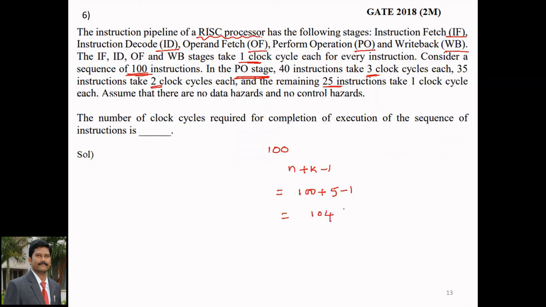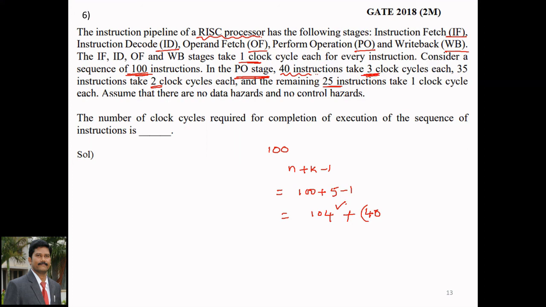But if you consider all the 5 stages taking 1 clock, then this is correct. But the PO stage will take some extra clock cycles. That means plus extra how many clock cycles? 40 instructions. Okay, that means 40 instructions. How many clock cycles extra?